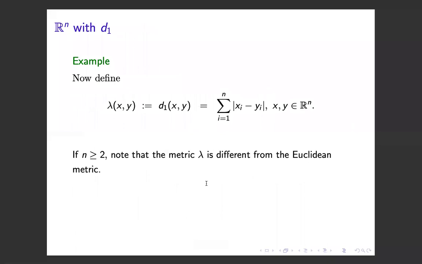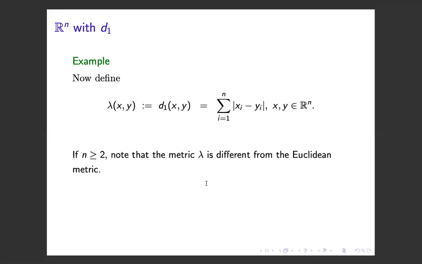Then Rn with another metric, which is generally called d1. That is just the sum of the lengths over all the coordinates, where the length means the difference |xi - yi|.